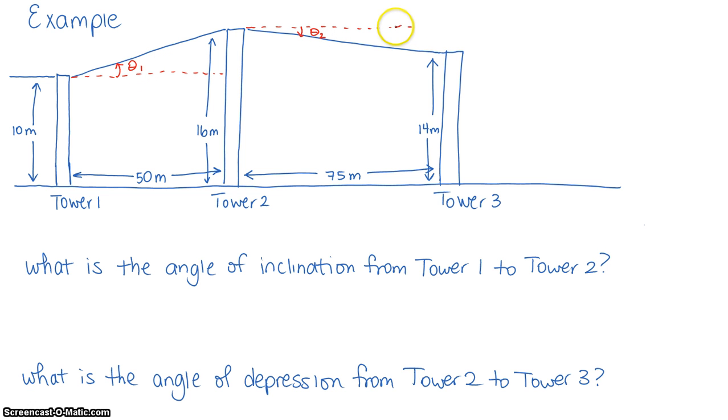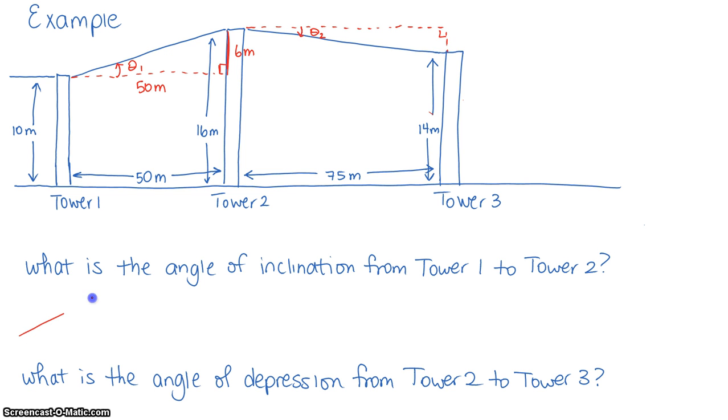So then I've created two right angle triangles here. Now, we have to label these triangles with some more information. For my first triangle, there's my angle of inclination. The triangle itself has a 50-meter distance between the two towers. We have a 10-meter tower here and a 16-meter tower here. So going horizontally across, the remaining height is 6 meters.